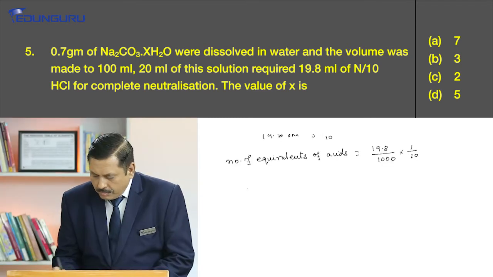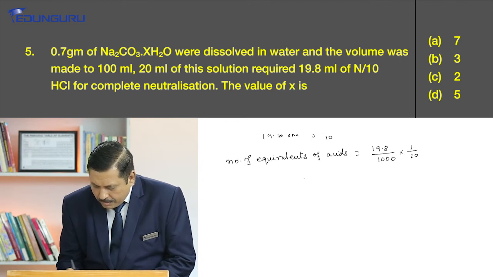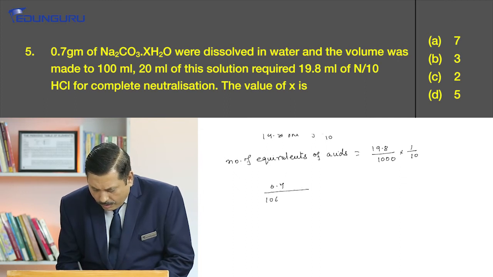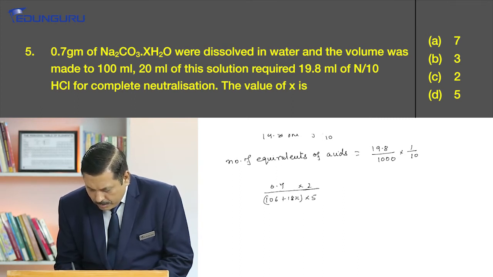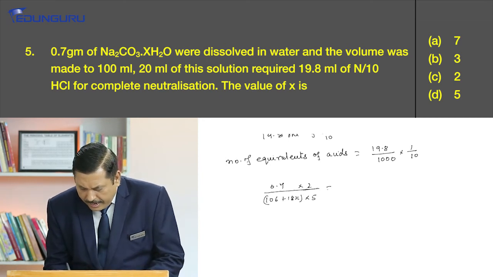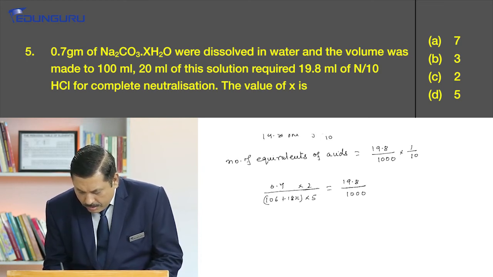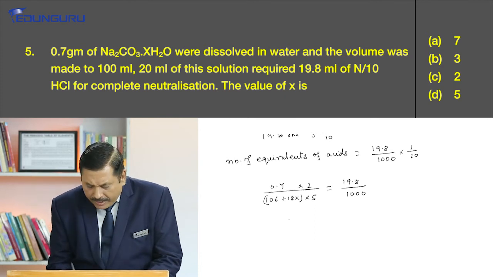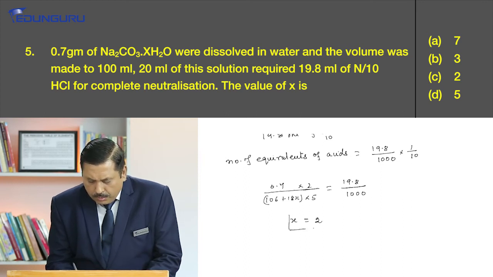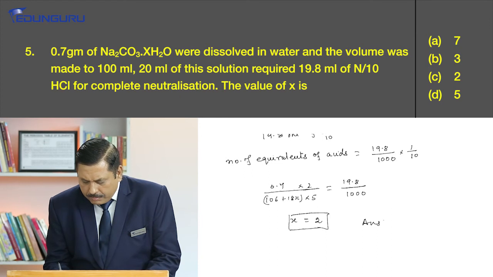That is, we can say 0.7 upon 106 plus 18x into 2 into 5 is equal to 19.8 upon 1000, and solving this we get x is equal to 2, and therefore the answer is C.